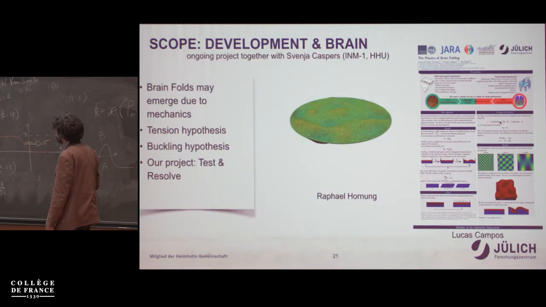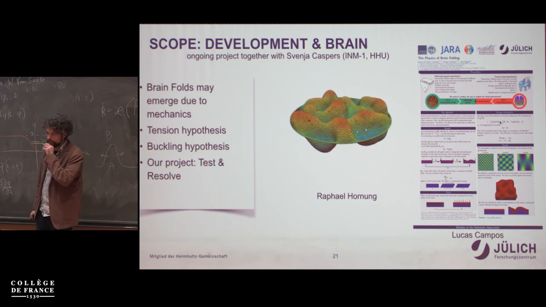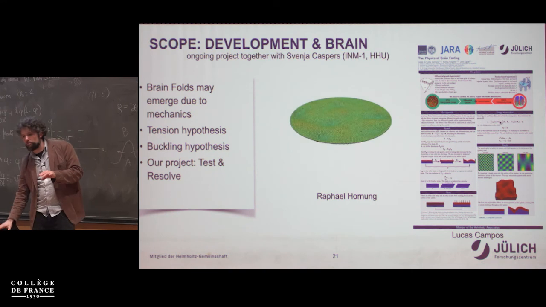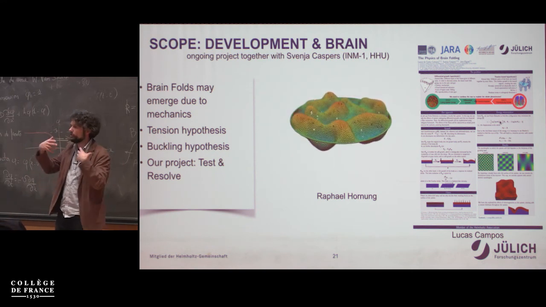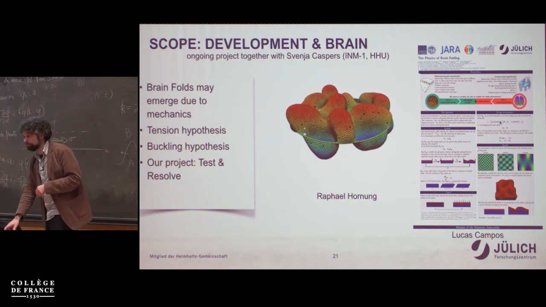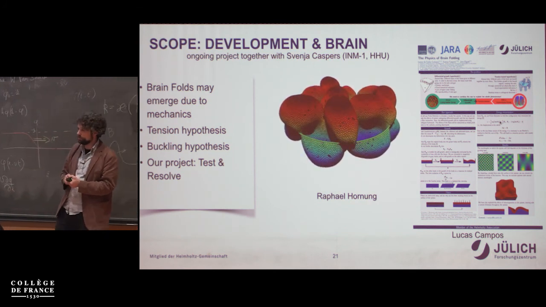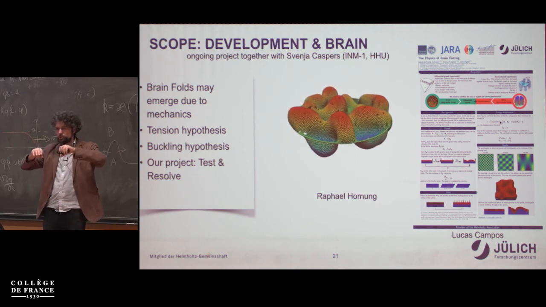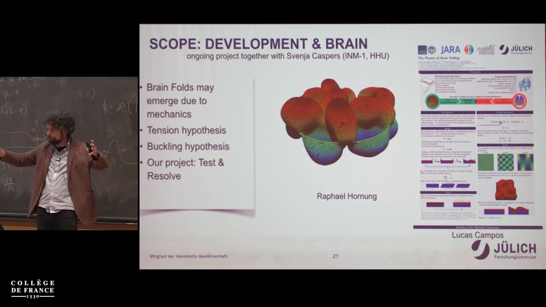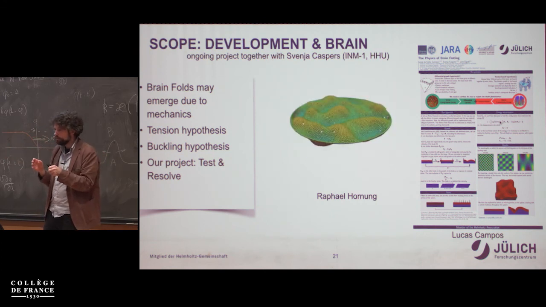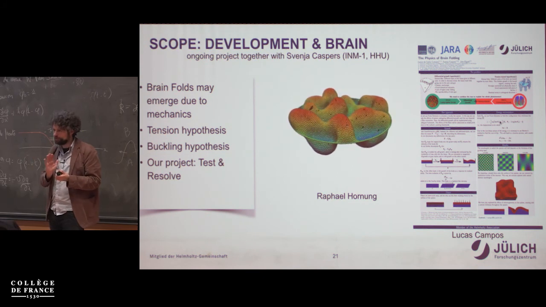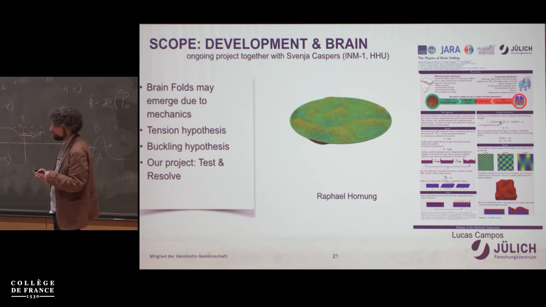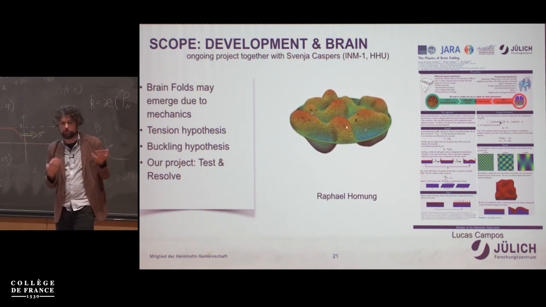Another thing you can do is this: you learned in last week's lecture that people are thinking that maybe growth and buckling of growing sheets is at the cause of a lot of patterning in biology, right? For example, there's the idea that the gyrification of the brain is because the cortex grows faster than the white matter. Let me tell you that there are a lot of problems with that work in the literature, but that's a separate discussion. The key point is that it's a hypothesis that you want to take a look at.